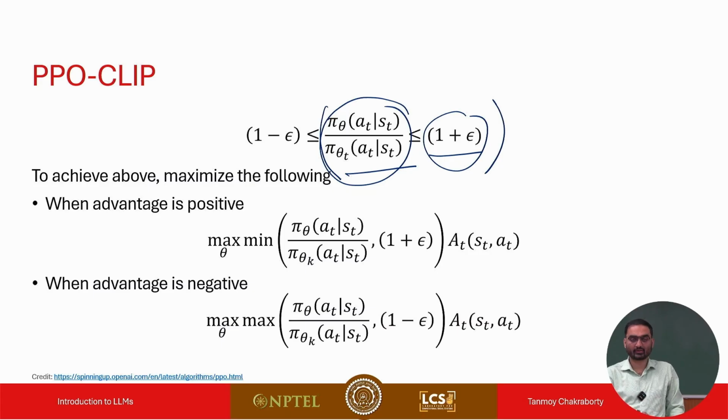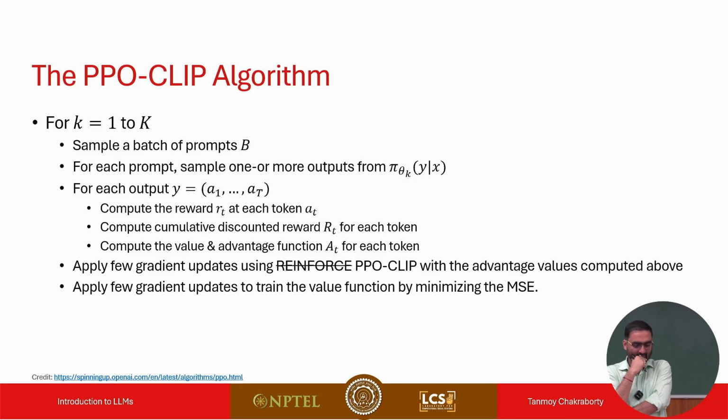If the advantage function is negative, then I will take the max of this and this. So I will not allow the importance weight to go below 1 minus epsilon. It's a trick to make this thing stable.